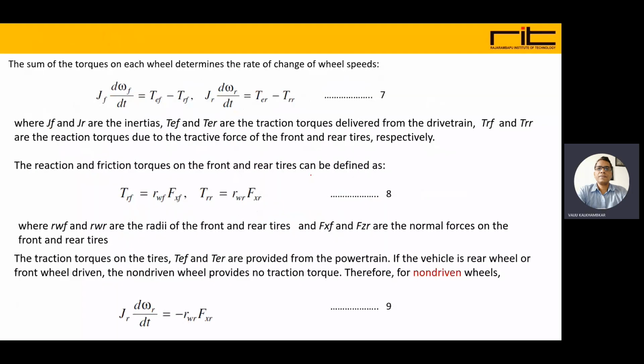The sum of torques on each wheel determines the rate of change of wheel speeds. So torque is acting on the wheel.